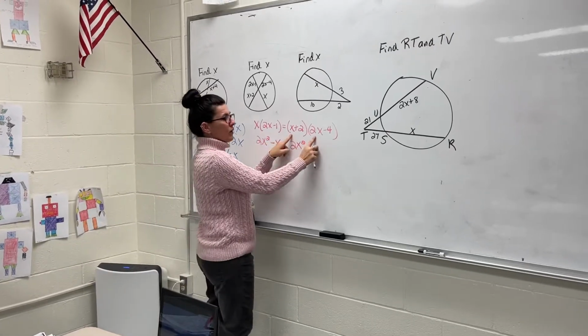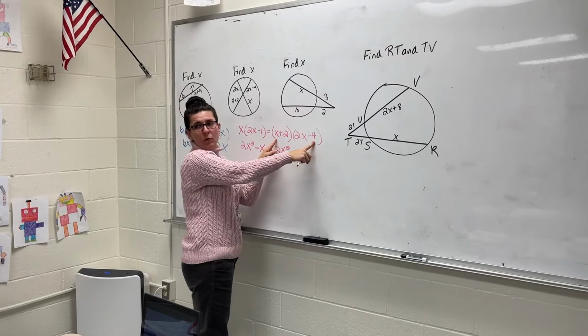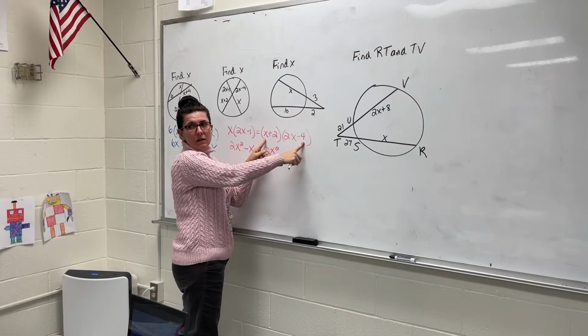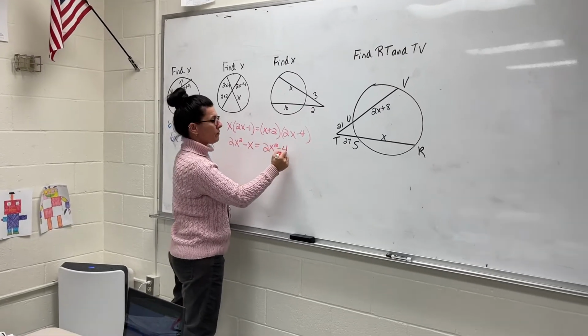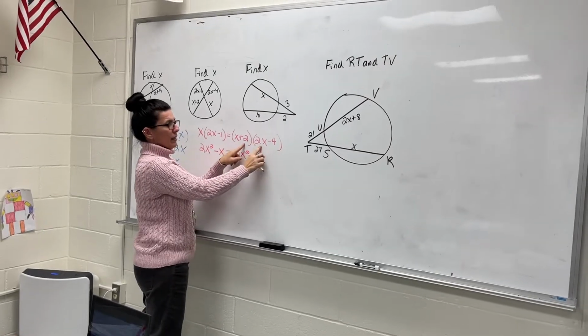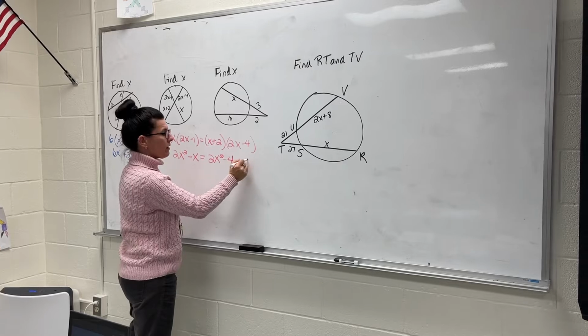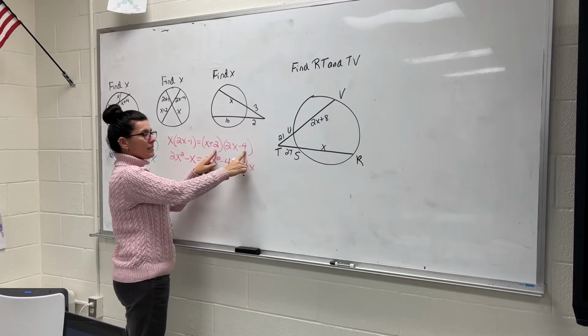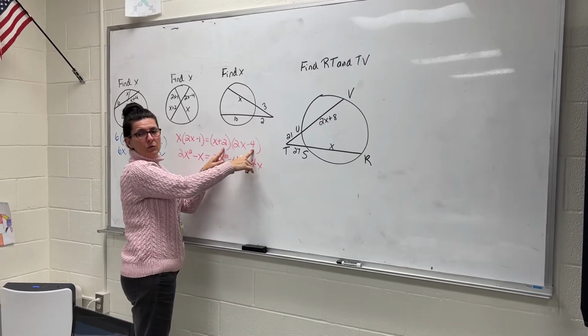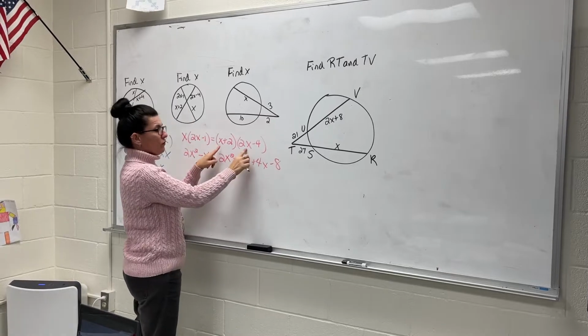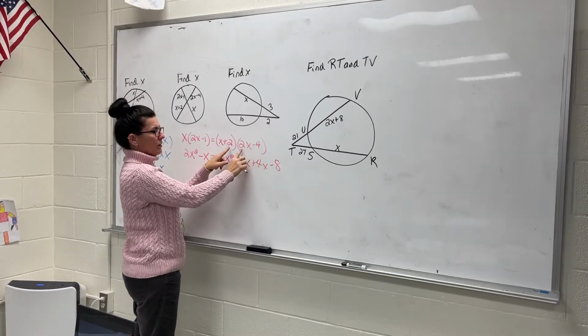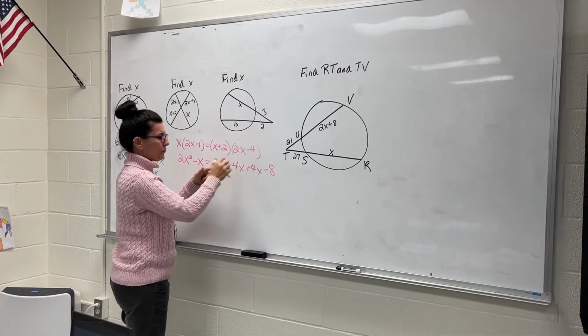So that's our first. Our outers: what's negative 4 times x? Negative 4x. The inner was 2 times 2x, which is plus 4x. And the last, negative 4 times 2, is negative 8. So again: first, outer, inner, and last.